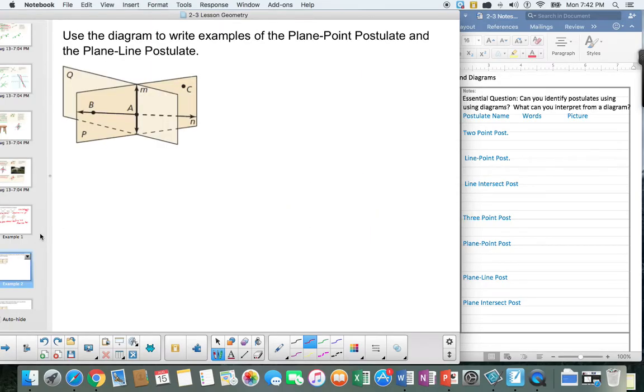Okay, let's take a look at this. It says use a diagram to write the examples of the plane point postulate. The way I remember the title is you're starting off with a plane. So if you have a plane, can you find the points on that plane?